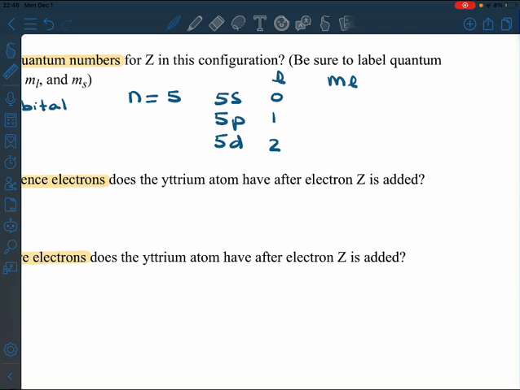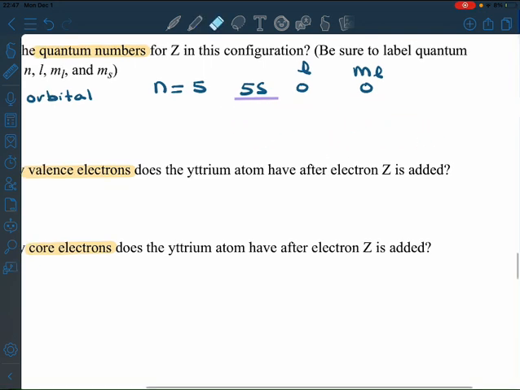So for that s orbital, it's going to equal 0. For p, it's going to equal between -1 and 1. For d, and as you can see, that pattern is going to continue. But I don't really need to worry about that too much because I'm going to stop right at 5s. So it doesn't really matter. The rest of these don't really matter. It's just to illustrate a pattern.